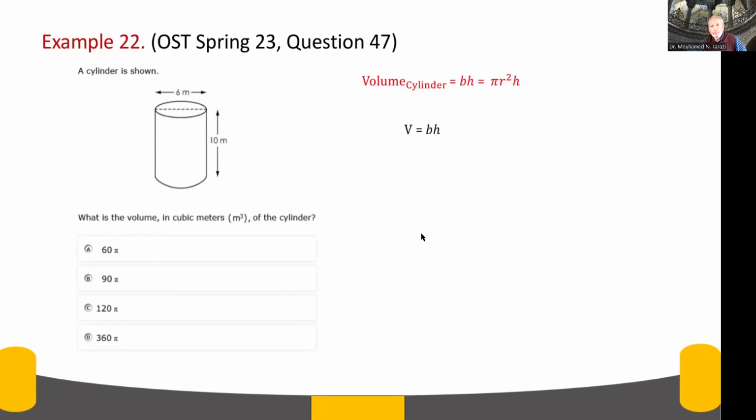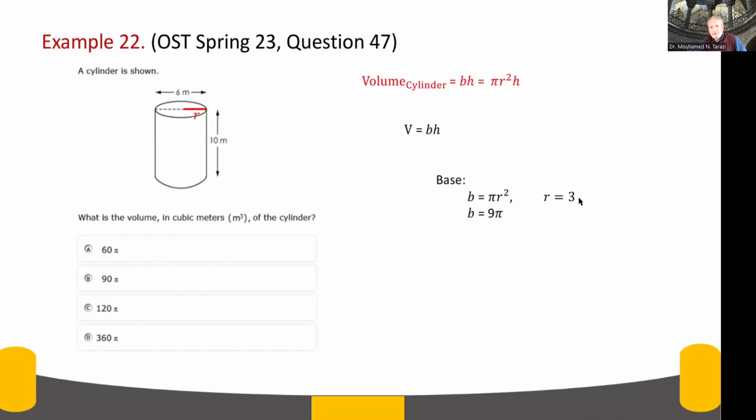So the volume is base times height. Base is pi r squared. R is, you have to use the 3 here, not the 6. If you use the 6, you get something else.